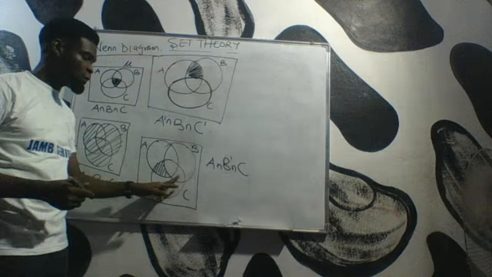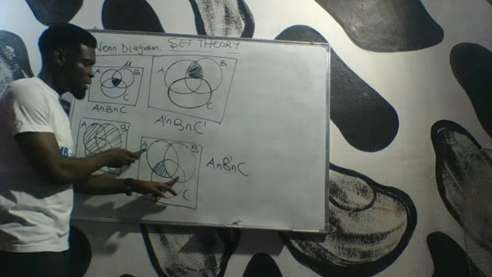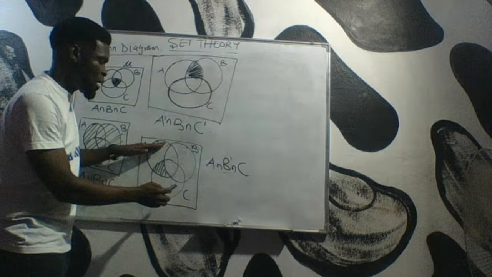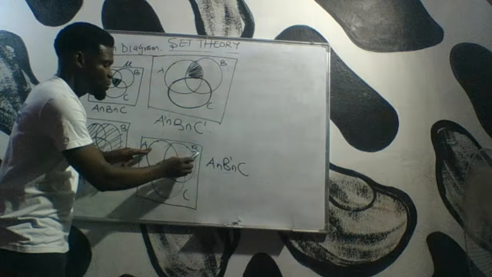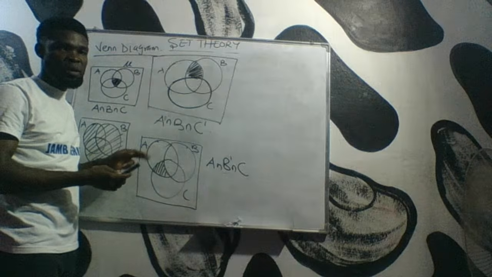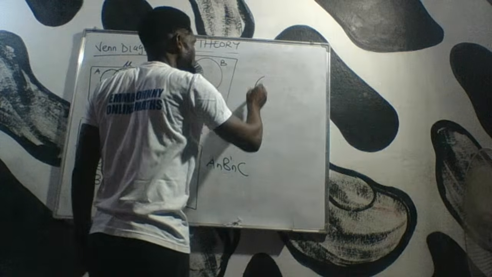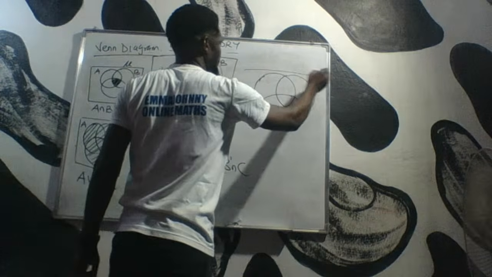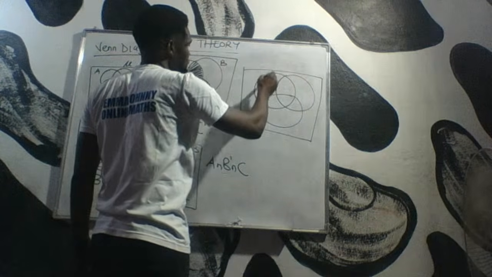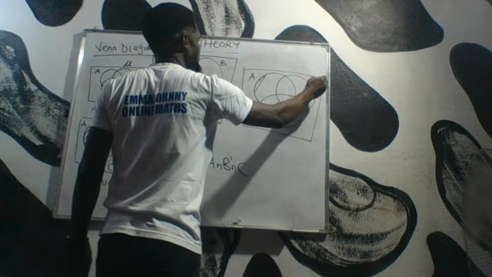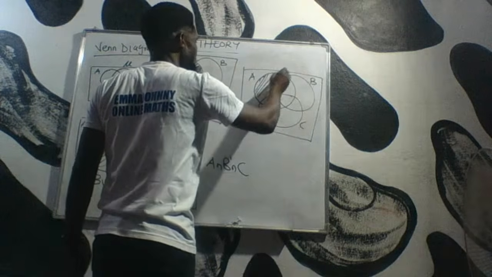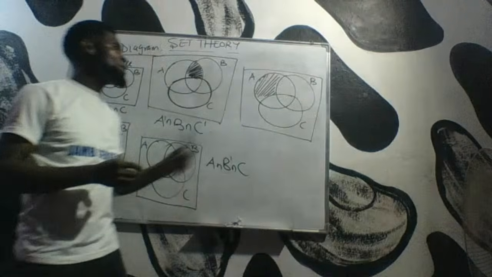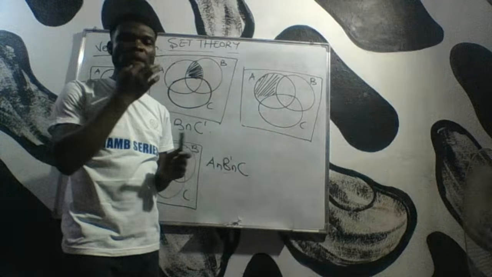If I shade this place, that will be between B and C, and A will be completely out. So that will be A prime intersection B intersection C. That's what it will be. If I have something like this and I shade this, it means the element is common to set A only, meaning that B and C are completely out of it.